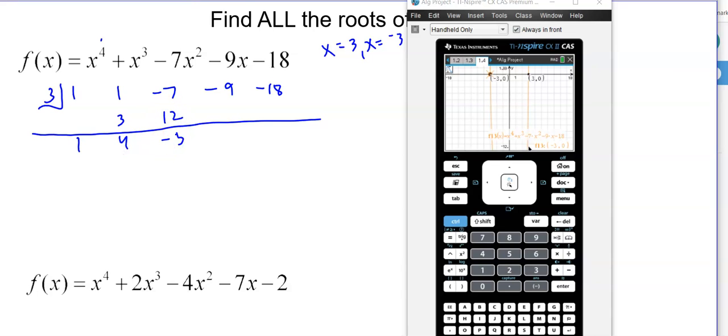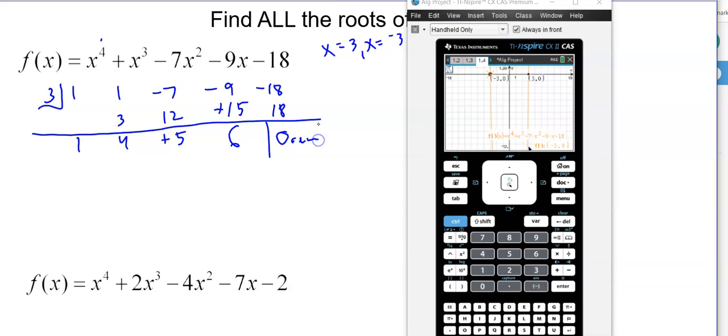Hopefully this works out. -5, -15. By the way, I'm pretty sure this should be a +5 here. So 3 times 5 is +15. I made a little mistake there. You'll catch your own mistakes because you realize this has to be a remainder of 0 here.